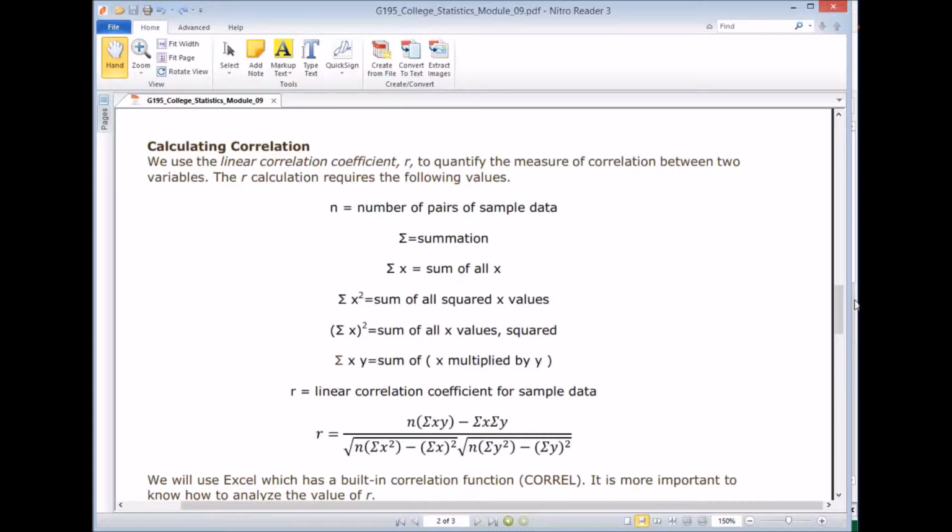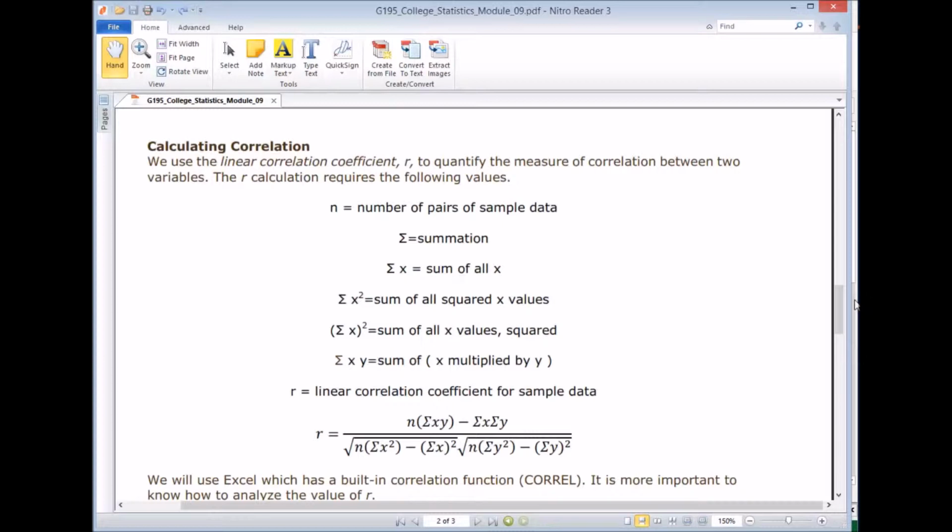To calculate the R, the correlation coefficient, you need the following values. n, the number of pairs of sample data. This sigma sign, this big E looking thing, is the Greek letter S capitalized. It signifies summation. So sigma of x will be all of x added together.